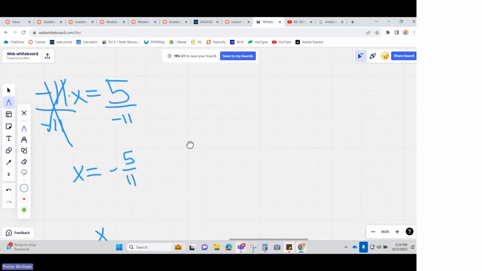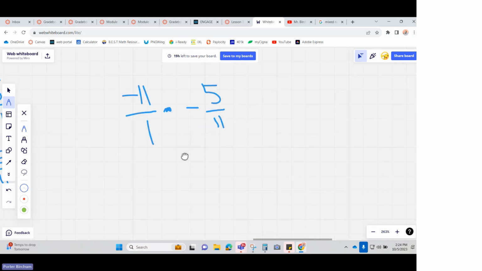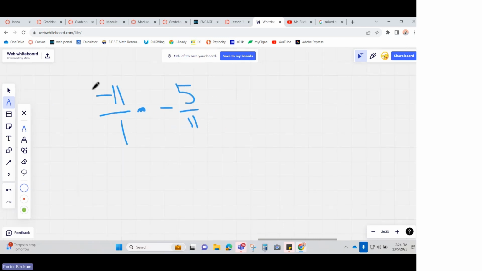If I had negative 11 times negative 5/11, this on 1, negative and negative will make a positive number.